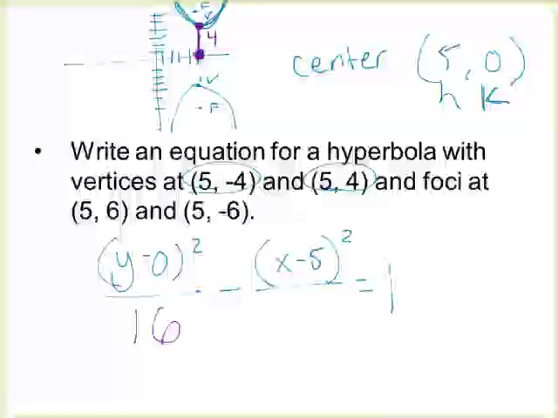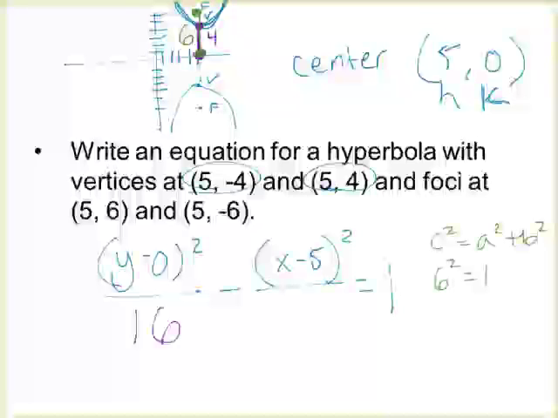But we have the focus. So from center to focus is how far? 6, and that is our c value. For a hyperbola, the equation is c squared equals a squared plus b squared. Once again, that's in your chart, and you don't need to memorize it. So c is 6, that distance from center to focus.